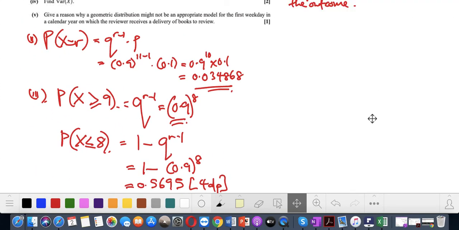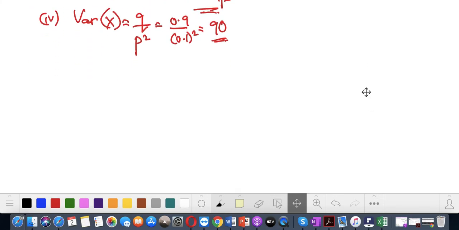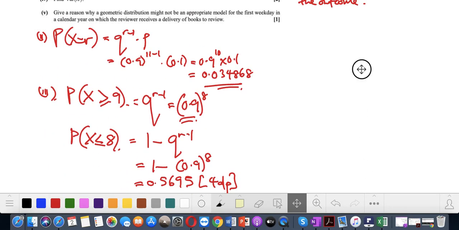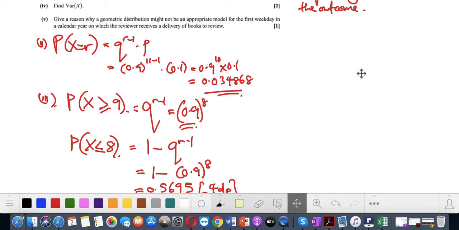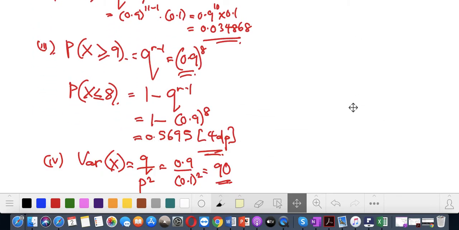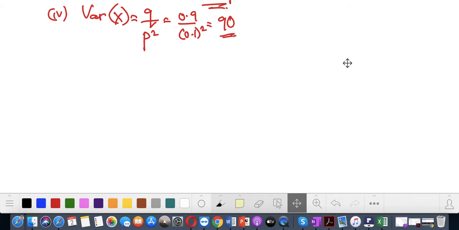Give a reason why a geometric distribution might not be an appropriate model for the first weekday in a calendar year on which the reviewer receives a delivery of books to review. The question asks why it might not be a geometric distribution. We know for discrete random variables we have binomial, Poisson, and so on.